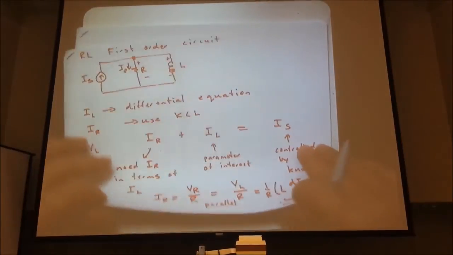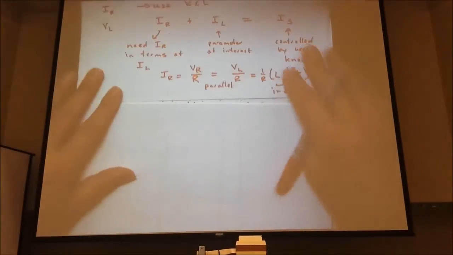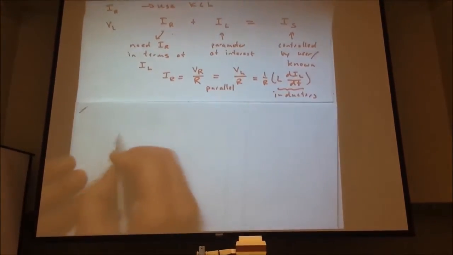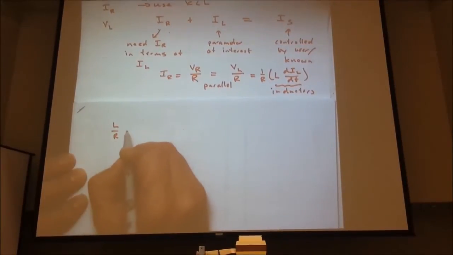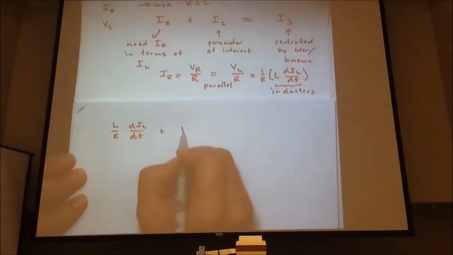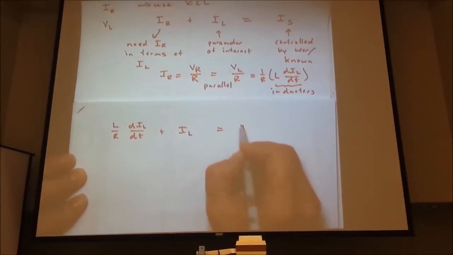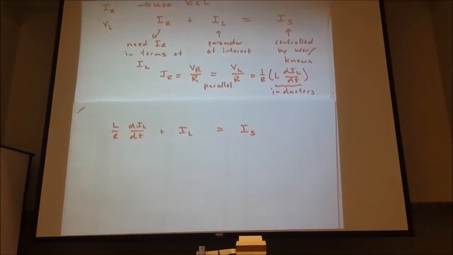And so what does that leave us? Well, that's L over R dIL by dt plus IL equals I source. And that looks amazingly familiar.